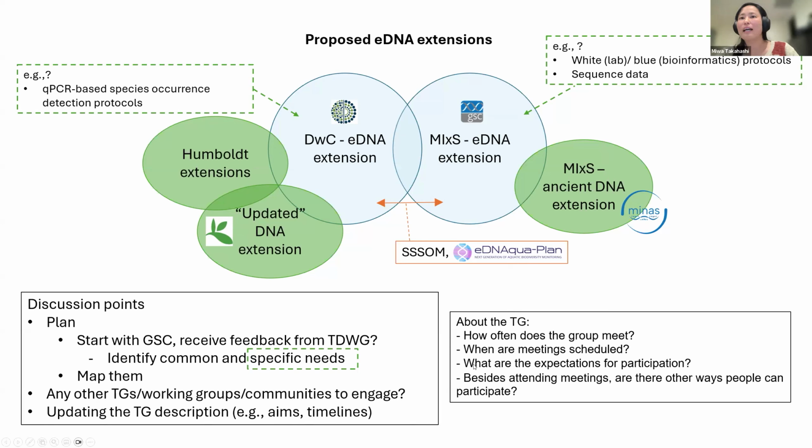And expectations for participation in the task group: we have a few members already confirmed, and I can't do anything without their input in the meetings and discussions. So that's something that I expect from the members.